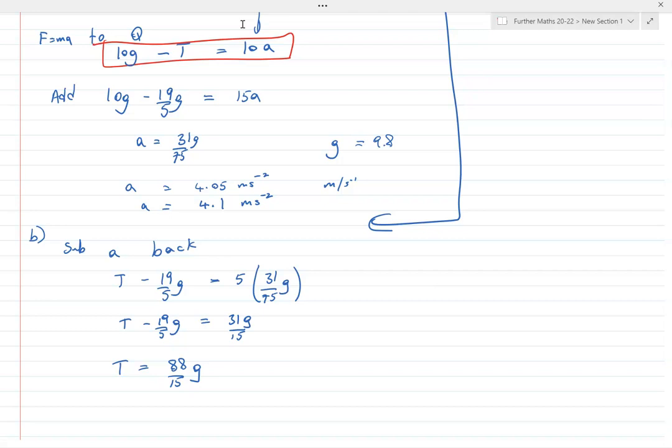Just check that's right for a moment, and give to 3 significant figures or 2 significant figures. I think it's a good idea to be in the habit of doing all of these things, because depending on the question, it'll sometimes be preferred to have an answer in terms of g.